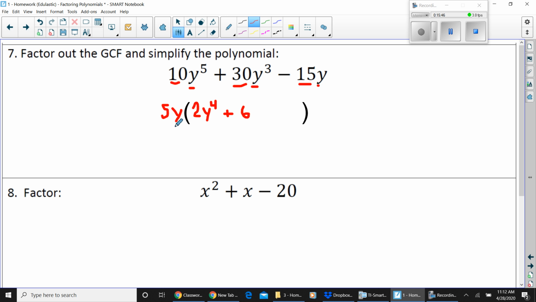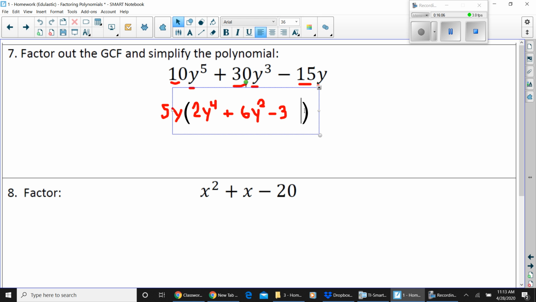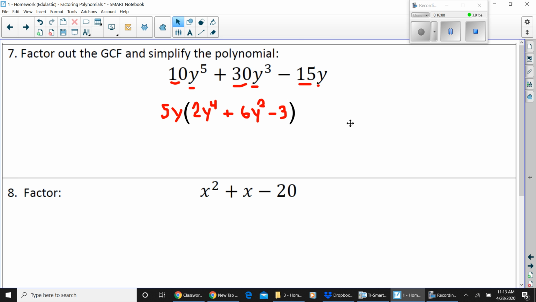What times y equals y to the third? Y to the second. Remember, you add exponents when you are multiplying. 5 times what equals negative 15? Negative 3. And that's just y, and we already pulled that y out, so I'm going to leave that as my final answer.